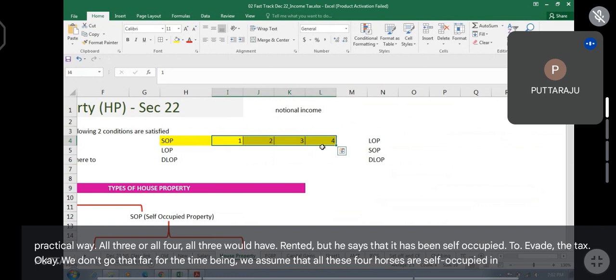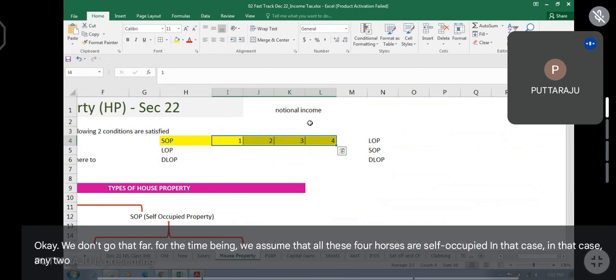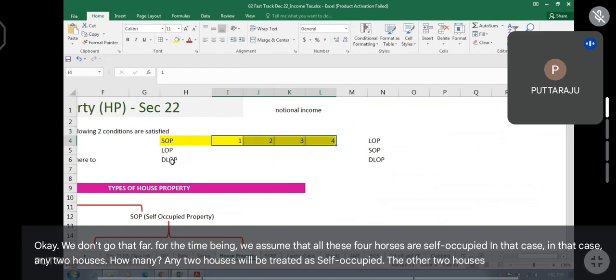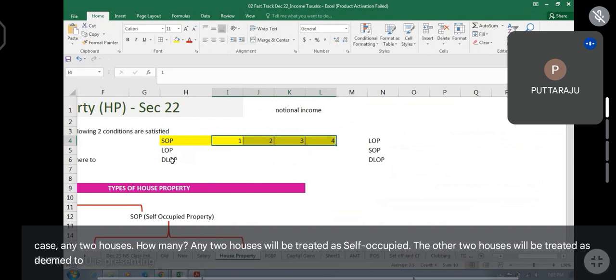In that case, any 2 houses will be treated as self-occupied. The other 2 houses will be treated as deemed to be let out. Any 2 will be treated as SOP. The other 2 will be treated as deemed to be let out.